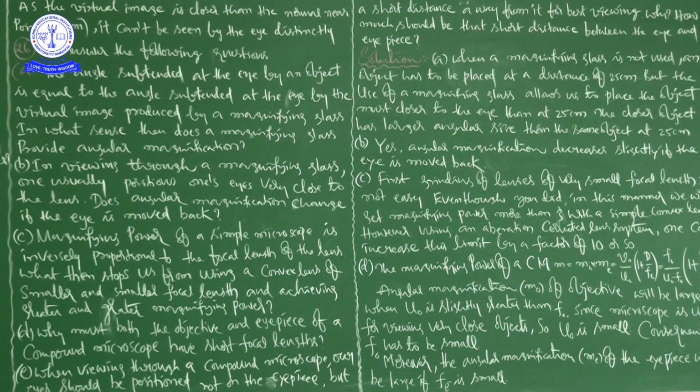Okay, right. See here, it is true that the angle subtended at the eye by an object is equal to the angle subtended at the eye by the virtual image produced by a magnifying glass. Okay, but when a magnifying glass is not used, an object has to be placed at a distance of 25 centimeters.